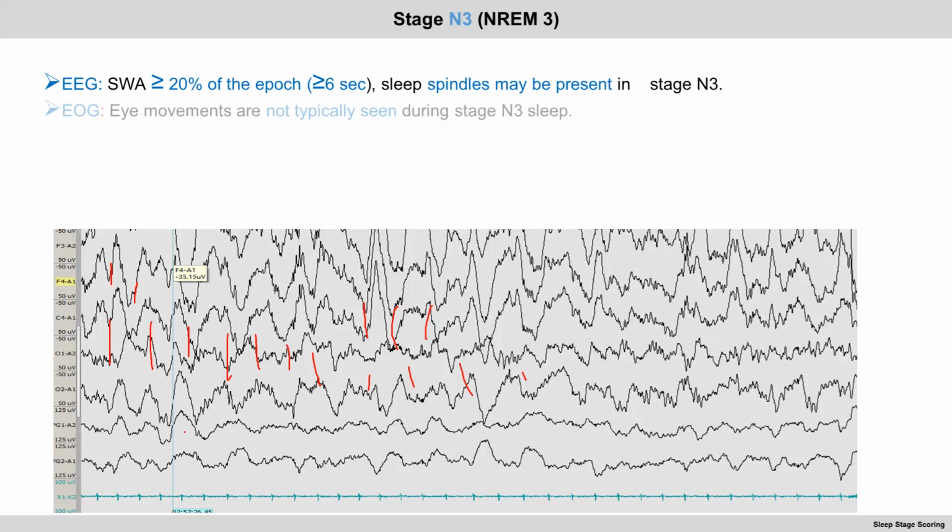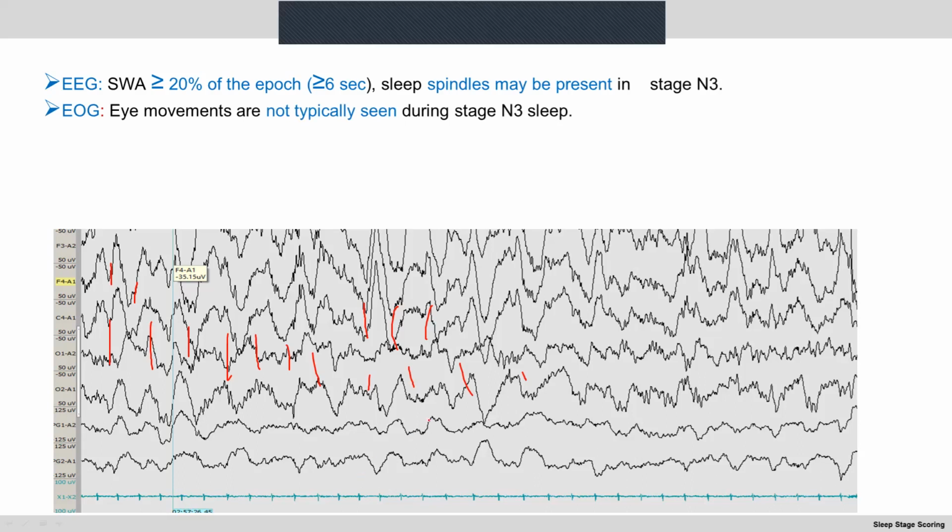Okay. So eye movements are not typically seen. No eye movements are seen in stage N3. So what is happening here? I already told you, this is EOG. See, slow wave activity is there. That is N3.